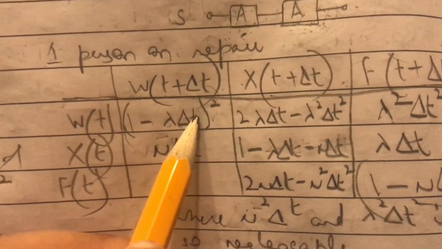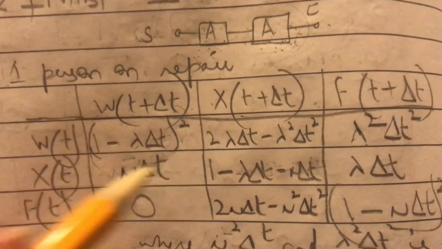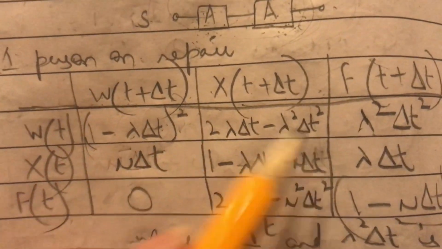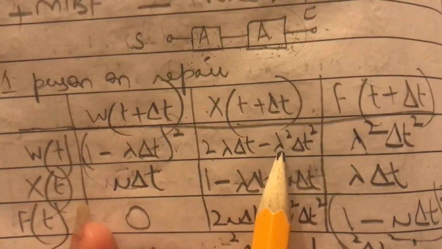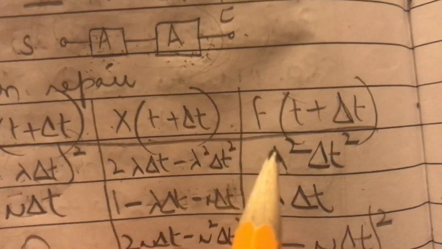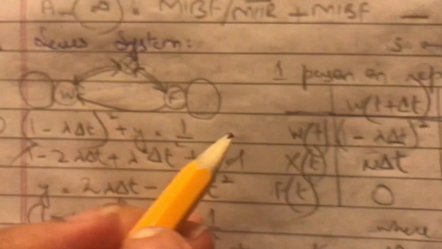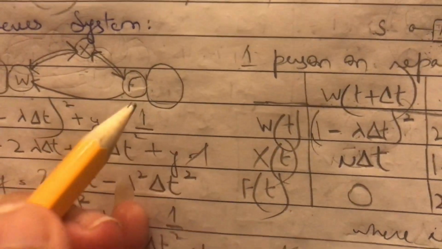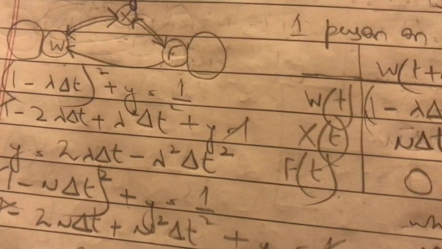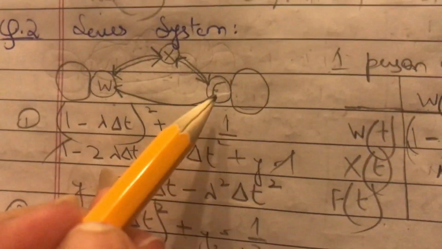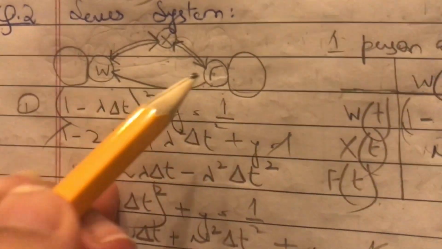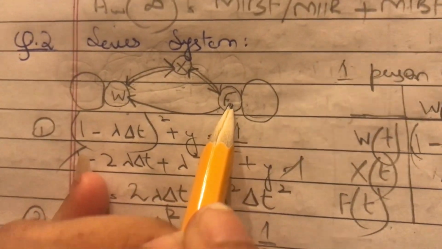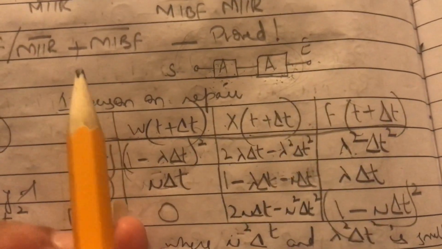Okay, what's next? Let's talk about this other thing. This is the failed state. What is the failed state? It is when an element, a component, an item has failed and needs to be repaired.